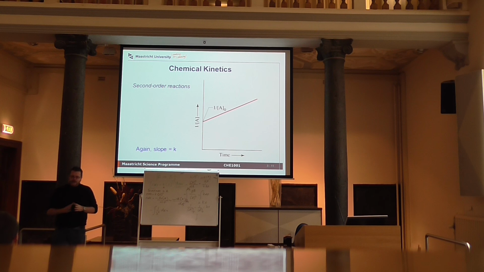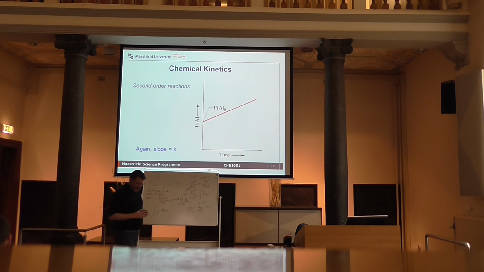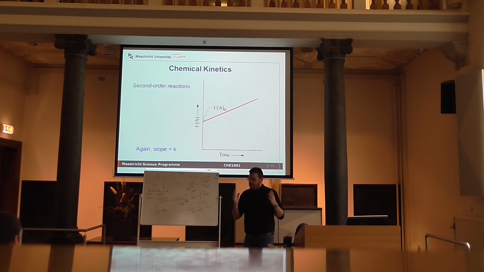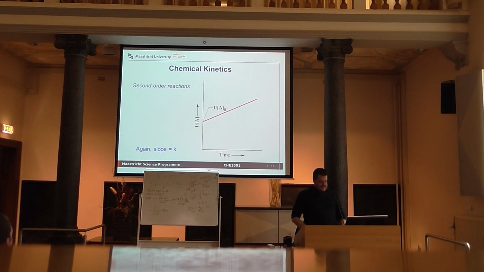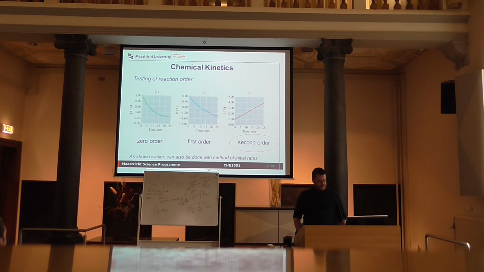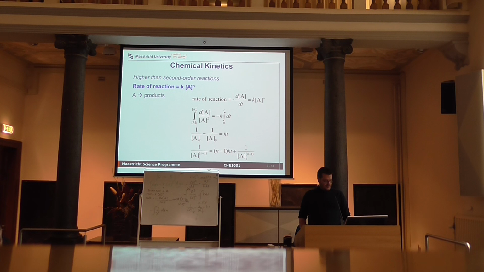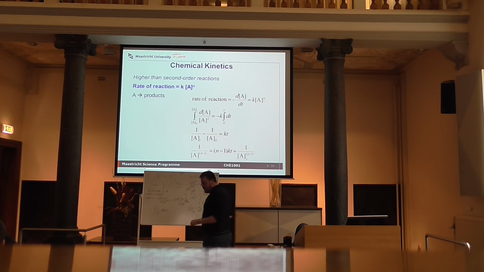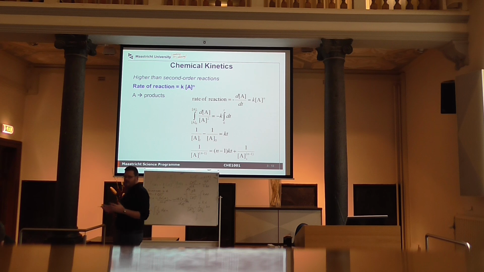Now, unfortunately, we don't just have zero, first and second order reactions, we also have third order reactions, fourth order reactions, fifth order reactions. But you can basically generalize the rate law of an nth order reaction. I don't expect you to know this, but this is just a question of calculus.